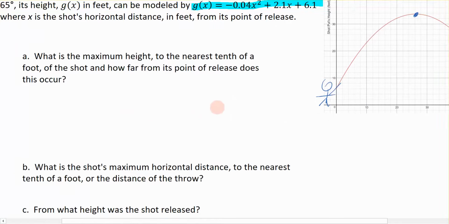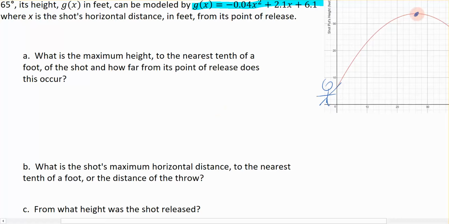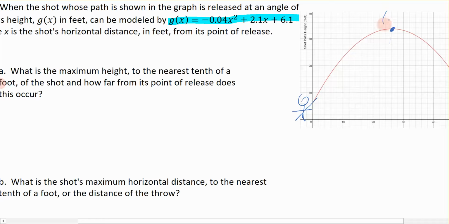So this question, letter A, is referring to what is the maximum height, so the y value associated with this point, and how far from its point of release does this occur. So how far is it going to be from where he released it? So we're looking at the vertex, or the maximum, what the ordered pair is for this point right here. So this would be the vertex, or the max of my function.